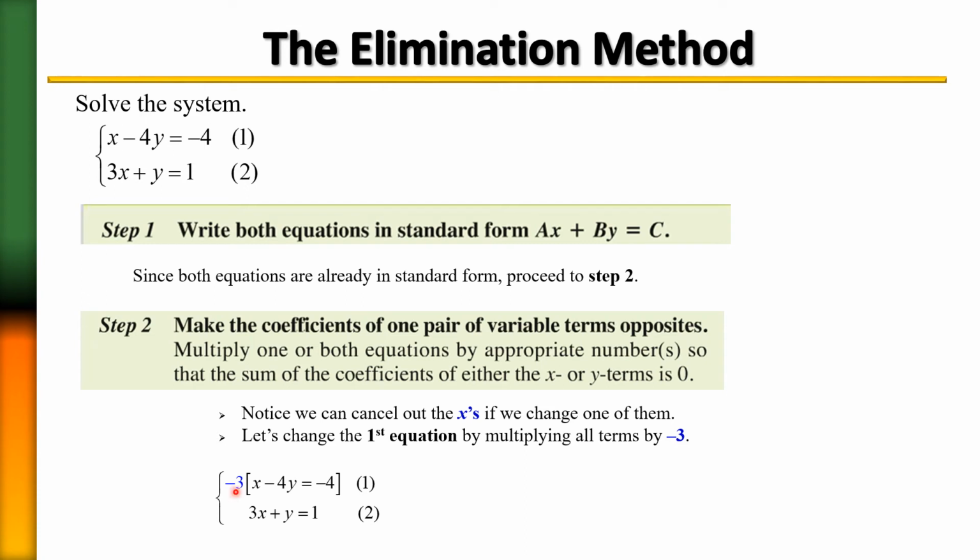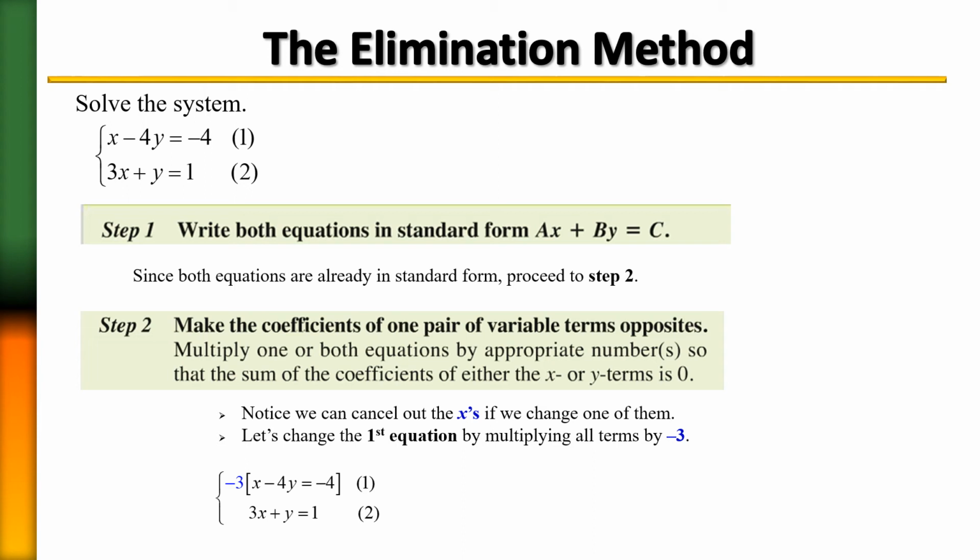So I have to multiply everyone in that whole top row of that first equation by -3. So it'll be -3 times x, and then -3 times -4y, -3 times -4. So when I do that, I'm going to rewrite that equation.